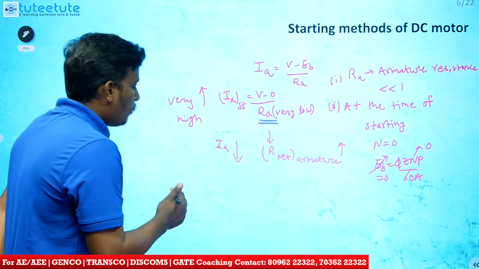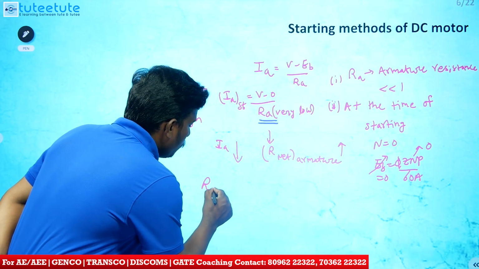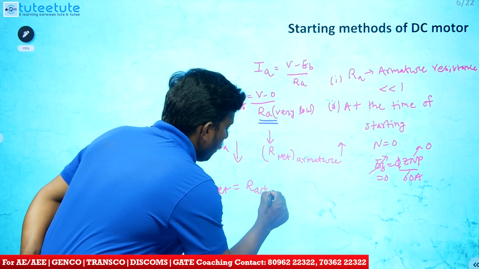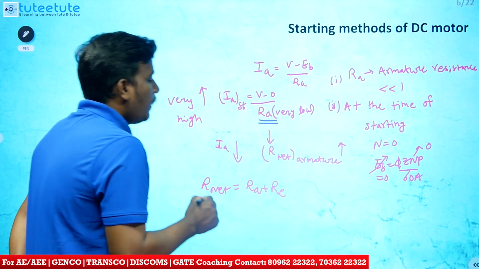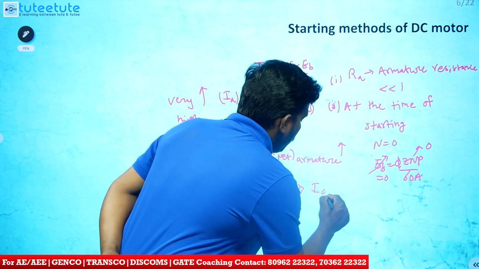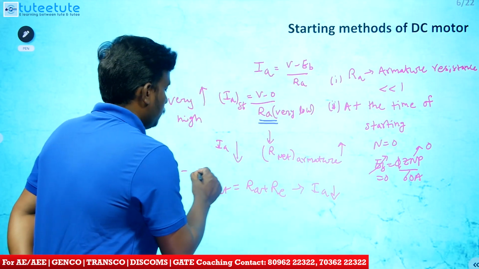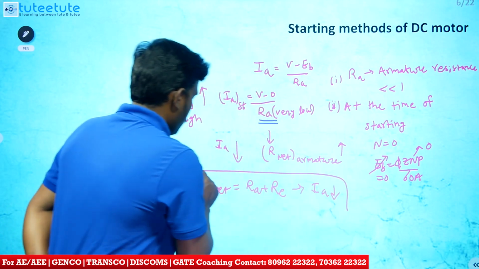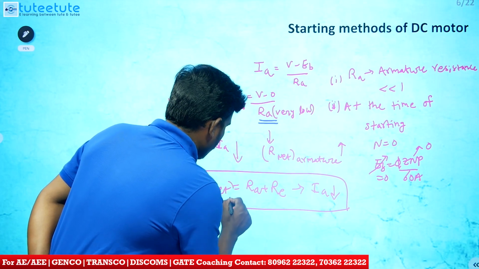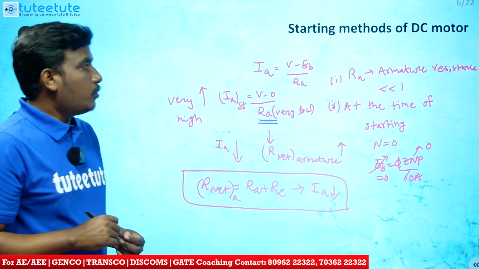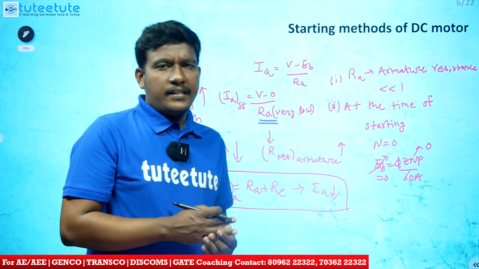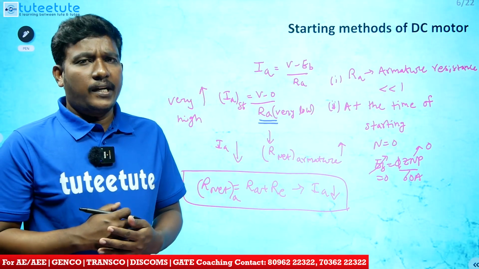For that, we are going to insert an external resistance, so the net resistance becomes Ra plus Re. By inserting external resistance, we are reducing the current. So what we saw is the problem while starting a DC motor: it is drawing high starting current.